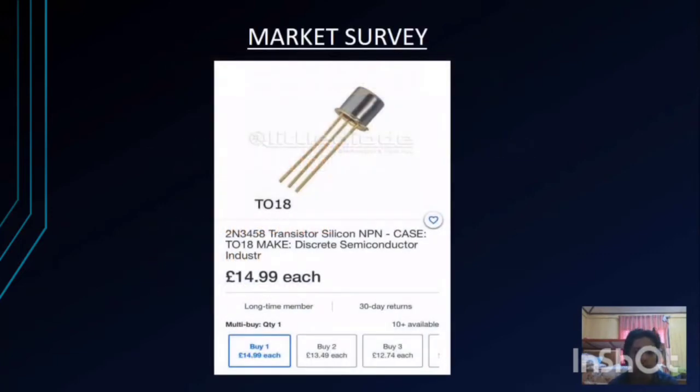This is a market survey. This is the JFET used in this project. The code of the JFET is 2N3458.